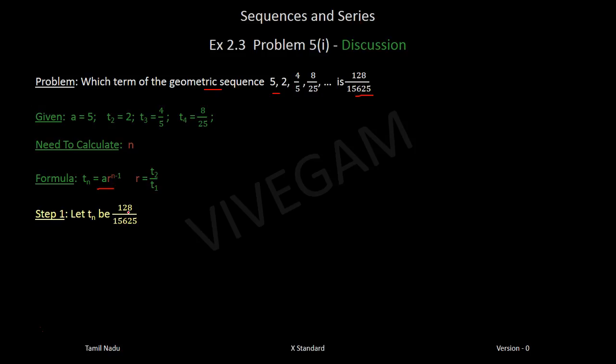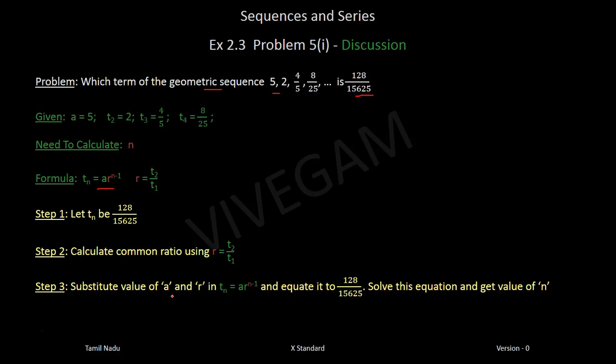Let Tn be 128/15,625. Let it be the nth term. Calculate the common ratio using r equal to T2 by T1. They have given T2, they have given T1, and T1 is a, so you'll be able to calculate r.